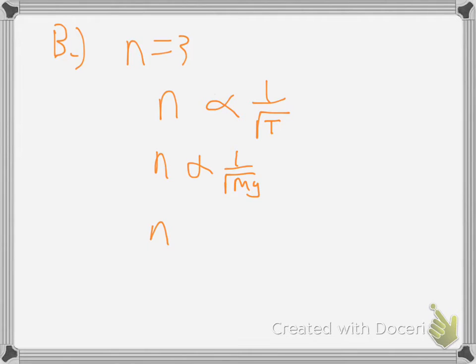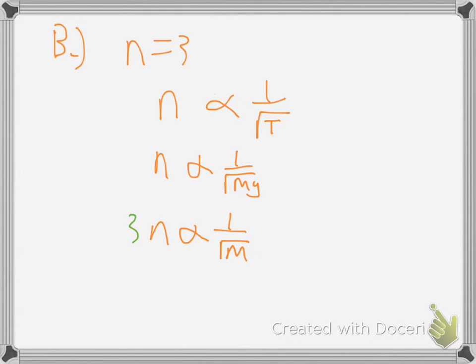So essentially we get a proportionality that the mode number is proportional to 1 over the square root of the mass. So what this means is if we want to increase the mode number by 3, we would have to decrease the mass by 9.